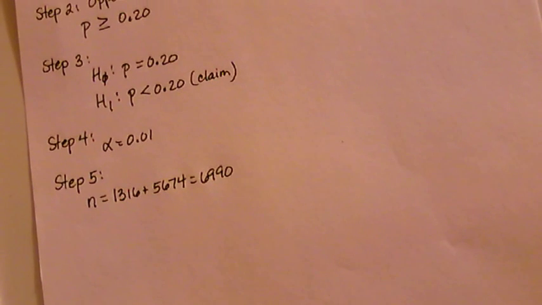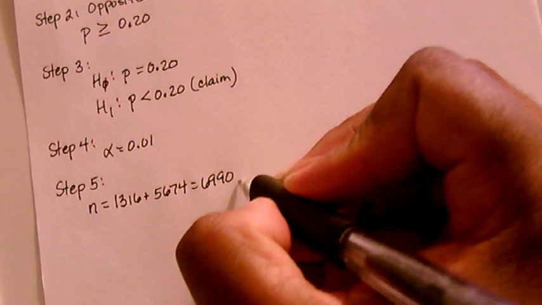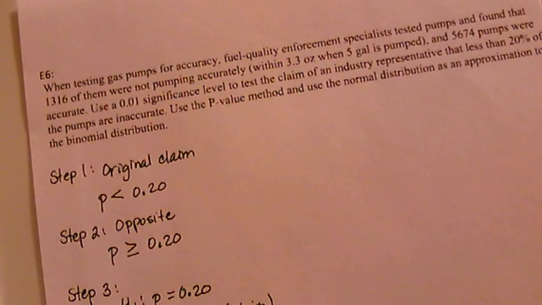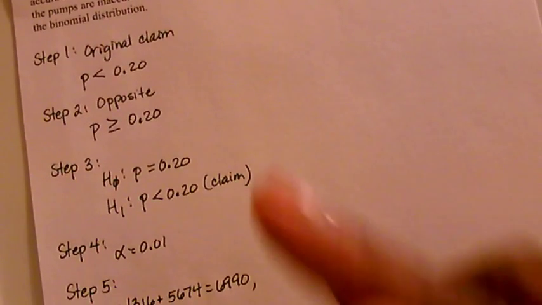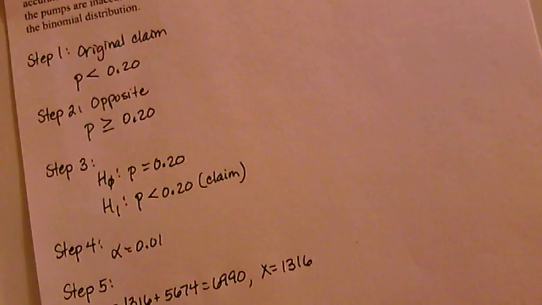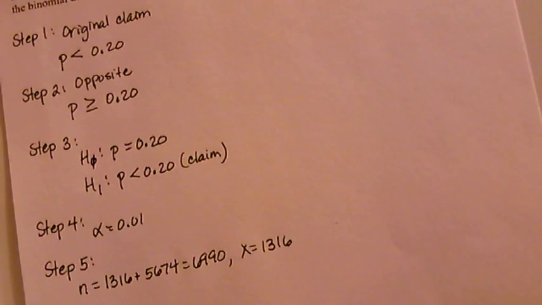That's your sample size. Okay, so be very careful here. Now, we're dealing with less than 20% of them that are inaccurate, and 1,316 of those pumps were not pumping accurately, so that's your number of successes. Because we're testing a claim that less than 20% of the pumps are inaccurate, and 1,316 of them were inaccurate.